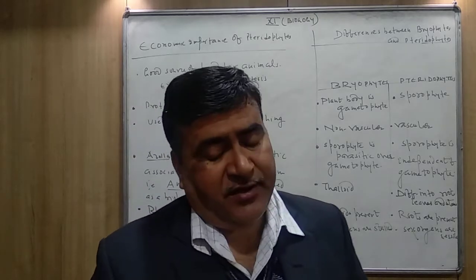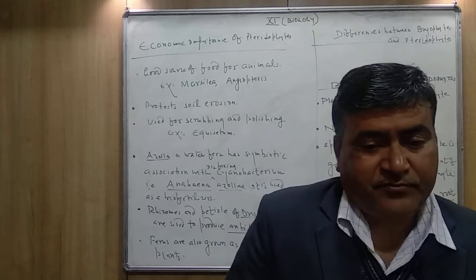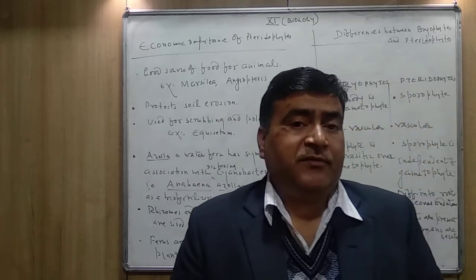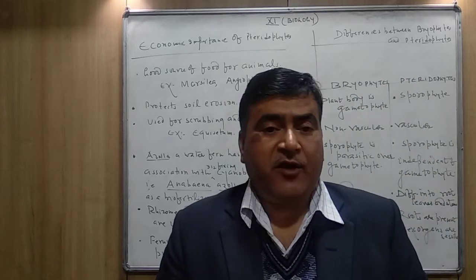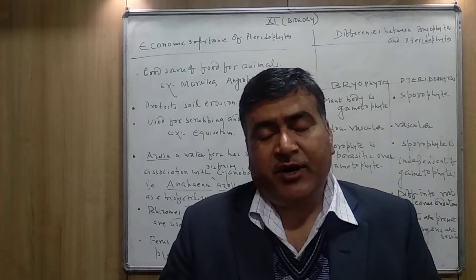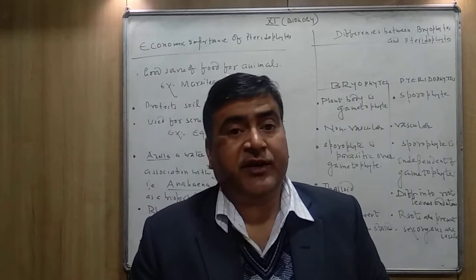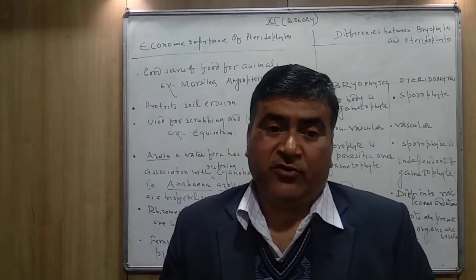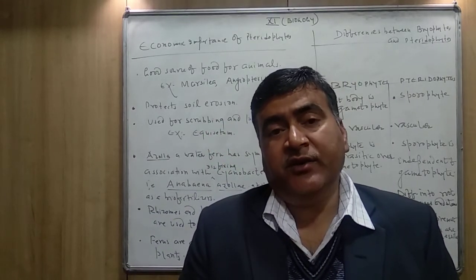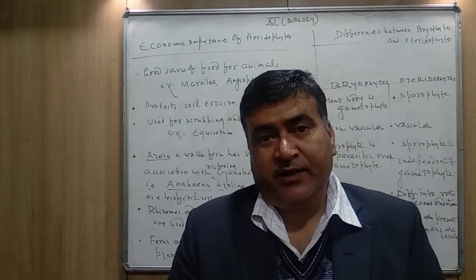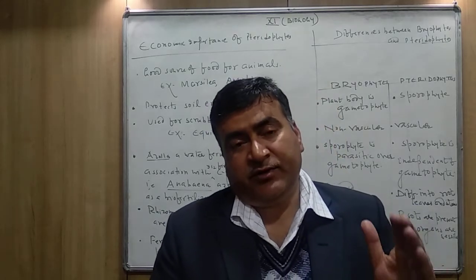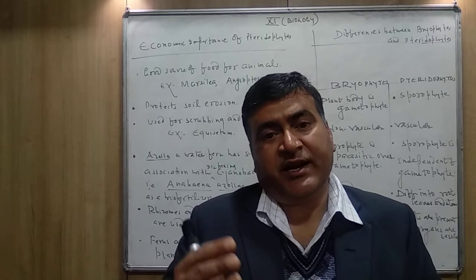Just see the diagram of the bryophyte. In the bryophyte, the main plant body is the gametophyte, but after fertilization, the zygote is formed, and that zygote develops into the new sporophytic plant. And the sporophytic plant, as you know, has three parts: foot, seta and capsule.